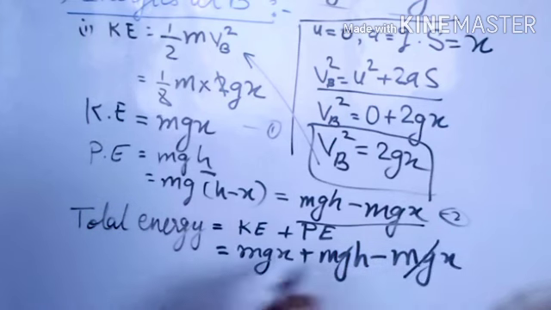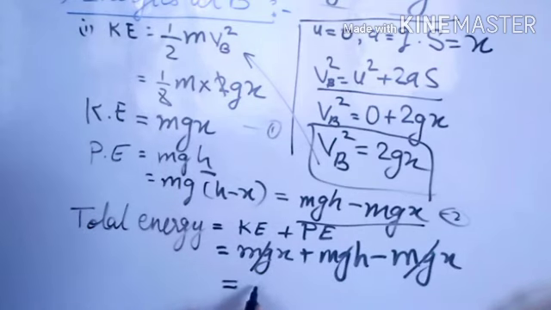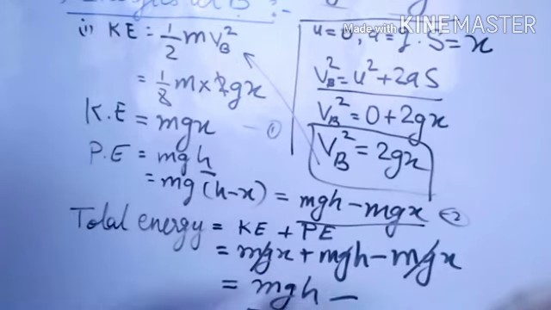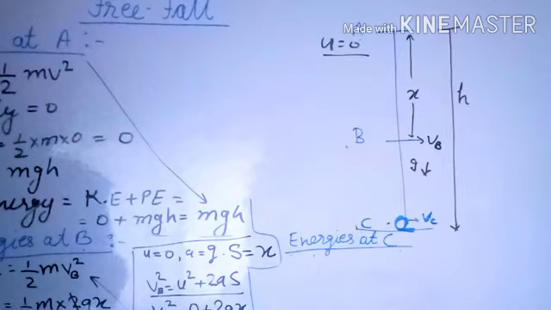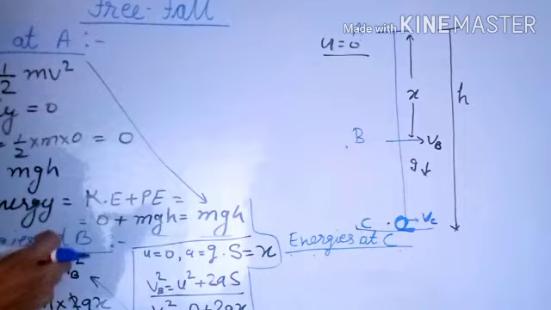So the minus mgx and plus mgx get cancelled and this will become mgh. So the total energy at point B is mgh. Now let's find out the energy at point C.